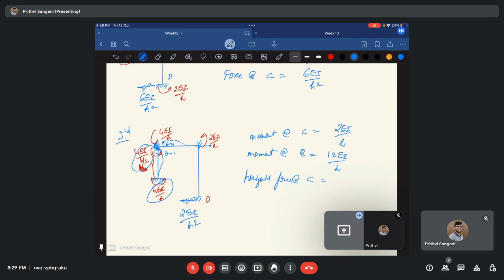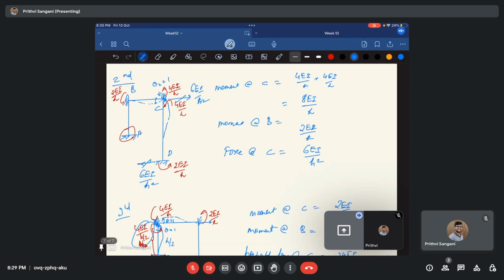That is 12. 12 by H by 2, because the length is H by 2, that is 24. 24 EI by H square.